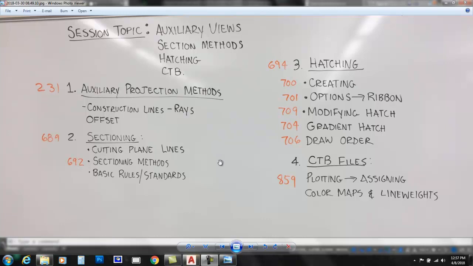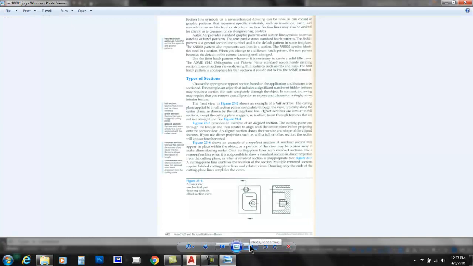Once again, I'm going to show you a couple of pages from the book. This particular page, which is 692, the act of creating a section view is a drafting task, and it is a major type of a drafting task that would be evident in all kinds of drawings.